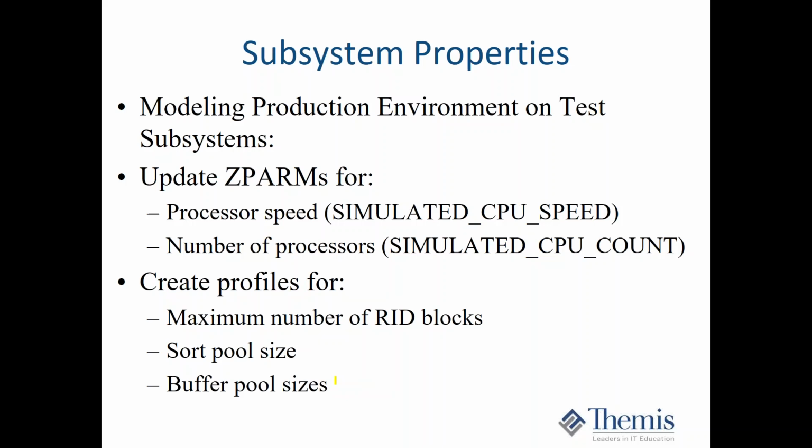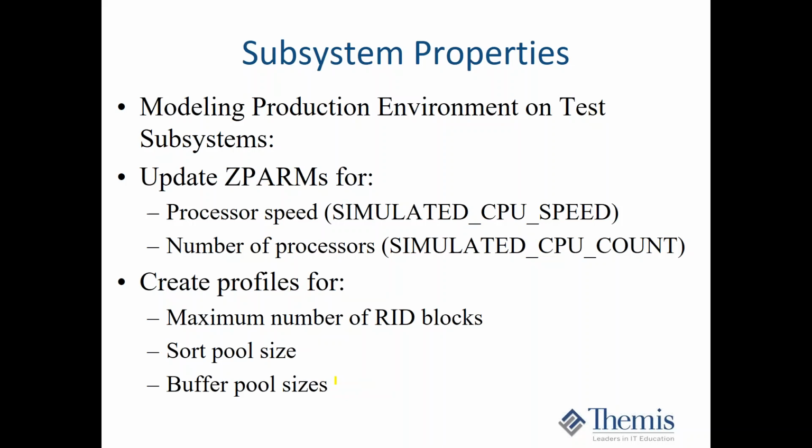Because whether you realize it or not, each of these items feeds into your access path optimizer. It is used in that mathematical algorithm when access paths are being chosen.